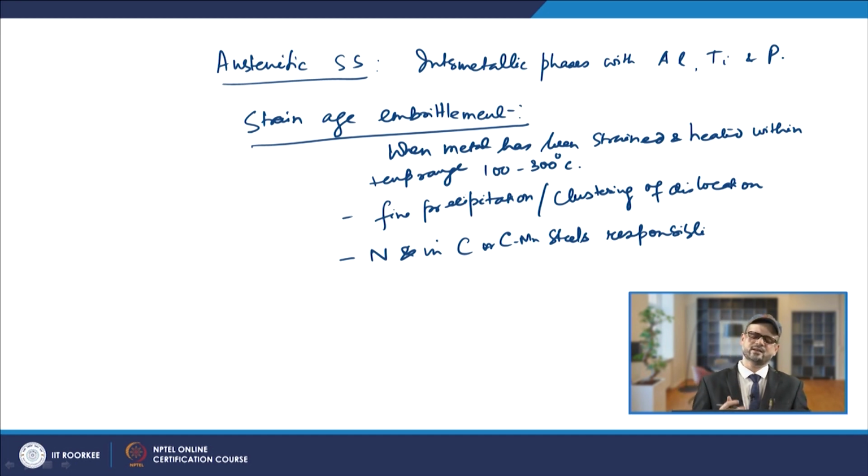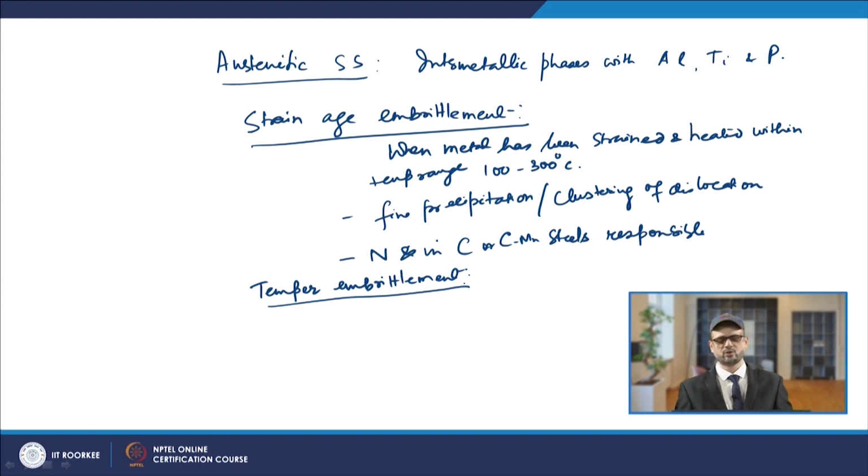Then another further important property is temper embrittlement. This is because of the formation of unfavorable transformation products through grain boundary segregation, and that is why it is known as temper embrittlement.